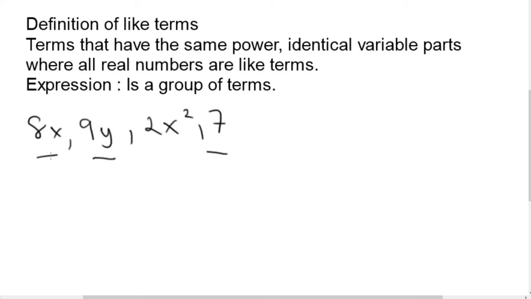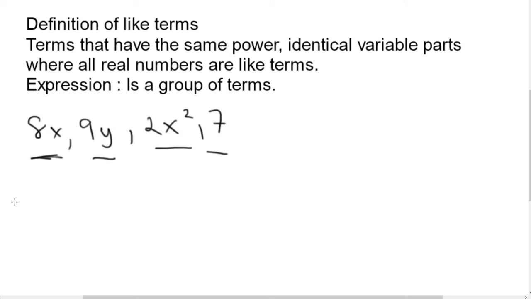The closest one to 2x squared is 8x, but it's not like because it doesn't have the same power. So we cannot combine an 8x with the 2x squared. So we'll have to say none of these terms are like.